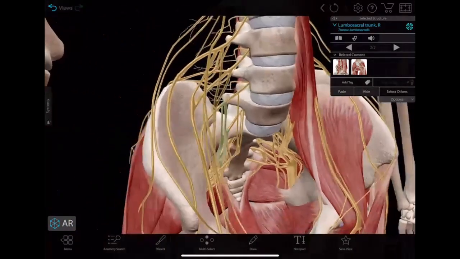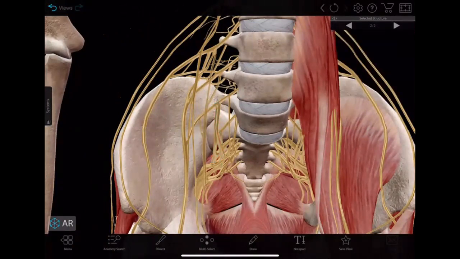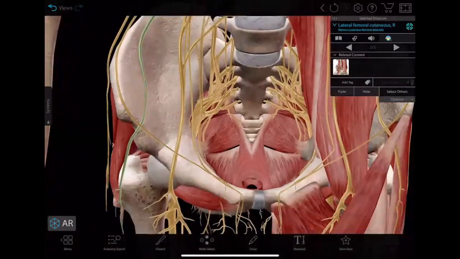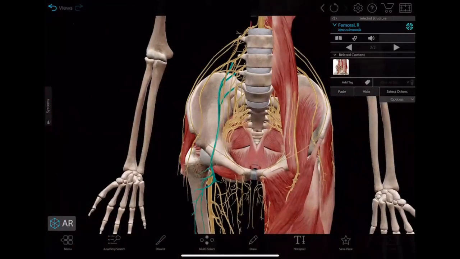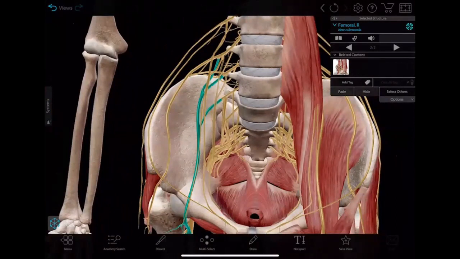So from the ventral and dorsal rami they all come together and form the spinal nerves. This is the lateral femoral cutaneous nerve, and this is the femoral nerve, right? So they originate from the lumbar plexus.